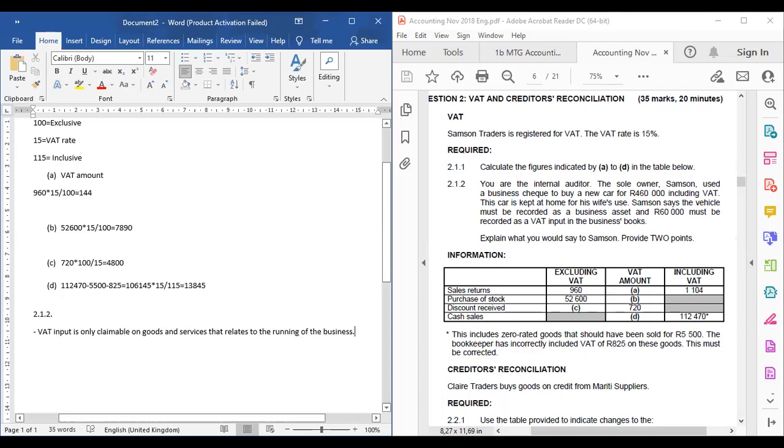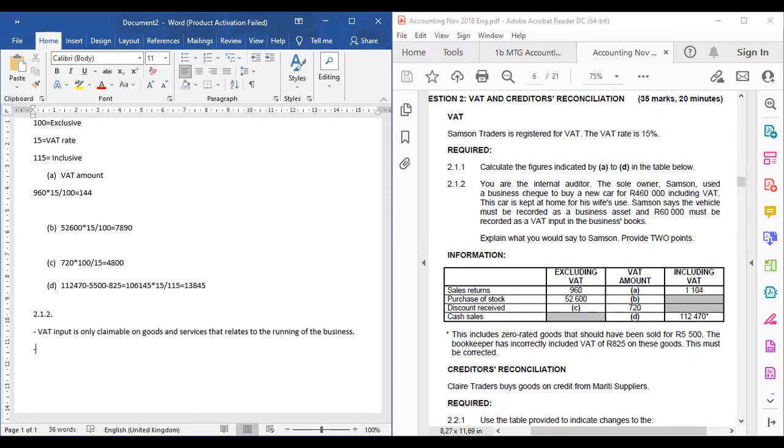We are explaining to Samson that VAT input is only claimable on goods and services that relate to running of the business. And the car is at home and the wife is using it. It has nothing to do with the business. Therefore, we cannot claim VAT.